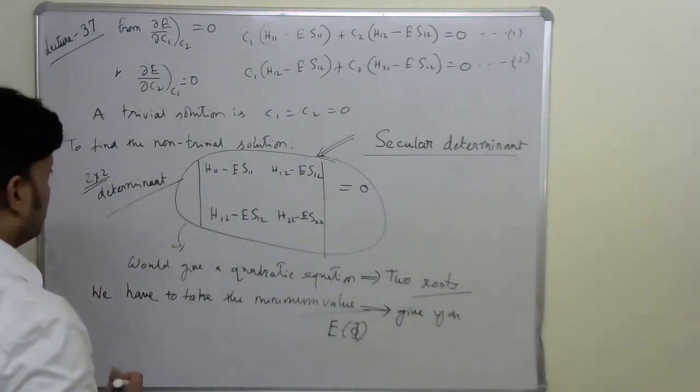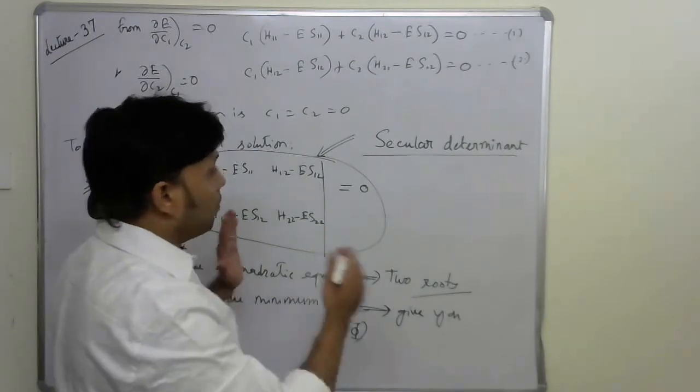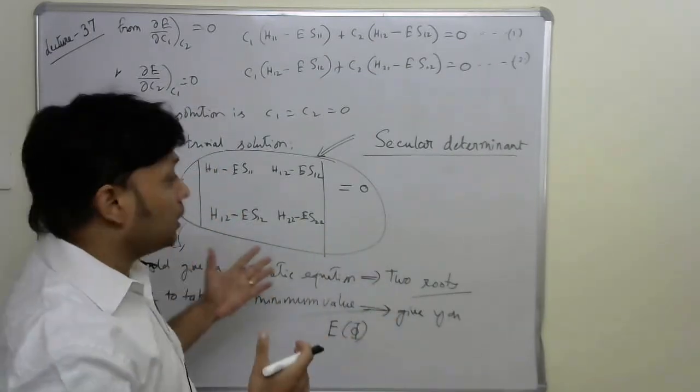So I have now explained the whole process of how to systematically choose a trial function.